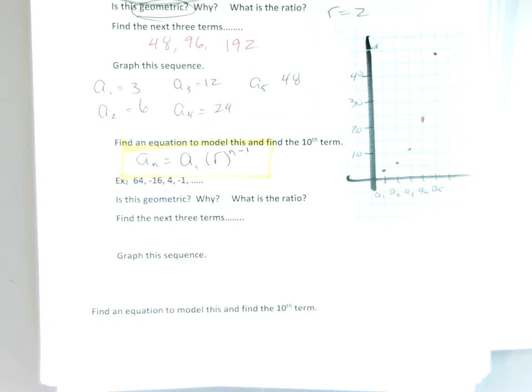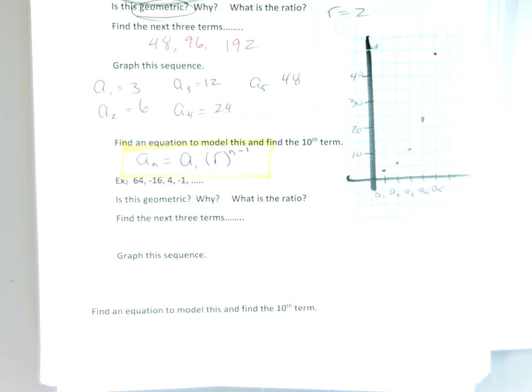Okay, this is super easy. There's the first term. Look at it. It's 3. There's a second term. There's a third term. There's a fourth term. There's no such thing as a 0 term. I got one term. That's my first term. So there's no dot here. And don't connect the dots. Do not do this.